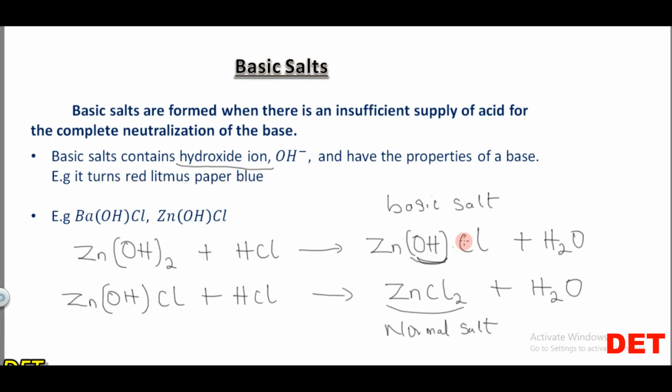So this salt is going to turn red litmus blue because it is a basic salt. It contains the OH ion. Examples of basic salts again are barium hydroxide chloride and zinc hydroxide chloride. How you identify them is just look at the salt. When you see the presence of this OH ion here, it tells you that that salt is a basic salt.